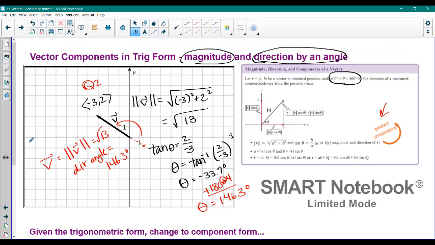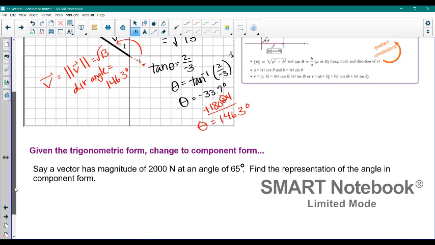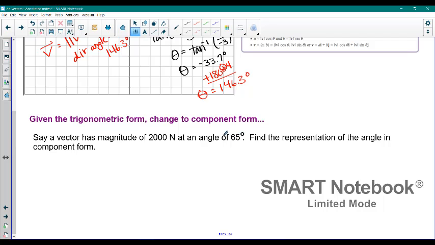Okay? Well, sometimes we'll be given the magnitude and the direction in the angle form, and we want to find the answer in component form. Well, to do that, our A is going to be the magnitude times the cosine of 65 degrees.